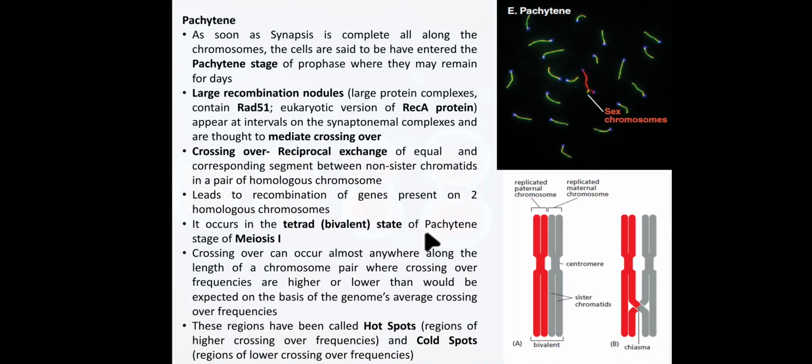So the next stage is the diplotene stage. In diplotene stage, first there is desynapsis, where the intimate pairing which had happened in zygotene will be removed or separated. So the desynapsis begins.